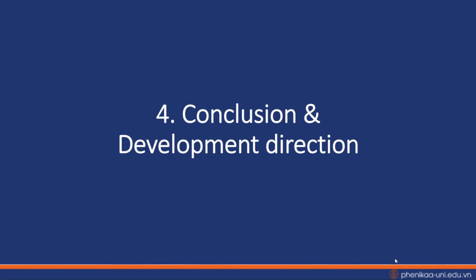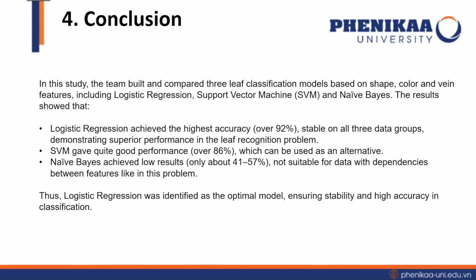Next, conclusion and development direction. Conclusion. Logistic regression achieved the highest accuracy, more than 92% across all datasets, making it the optimal model. SVM also performed well, with more than 86%, and can be considered an alternative.